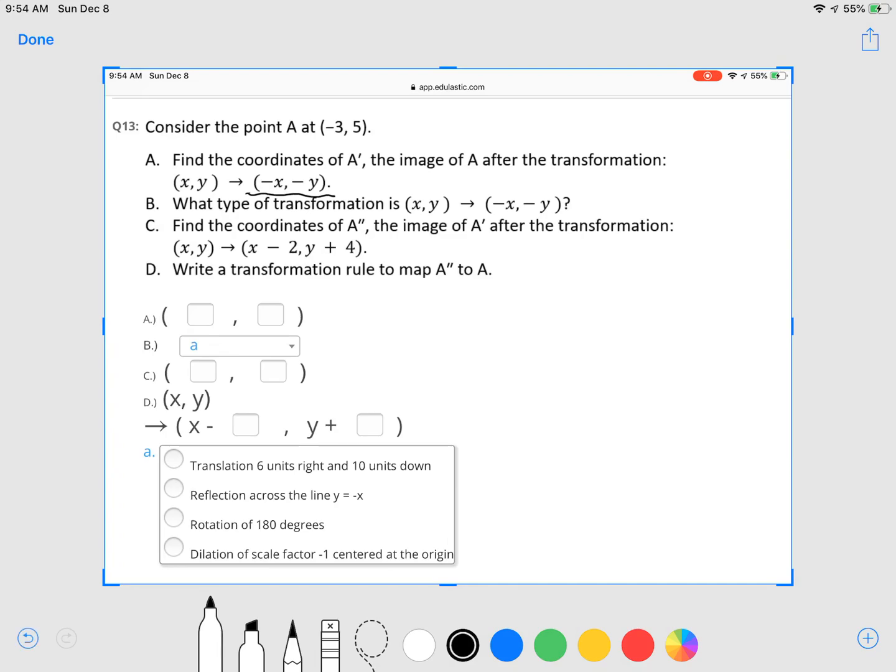So the rule says just keep x and y in the same place, but change their signs. We originally had negative 3, 5, so we're going to have positive 3, negative 5. So that's the answer for A. Let's write that down here, 3, negative 5. Option B says, what type of transformation is x comma y?